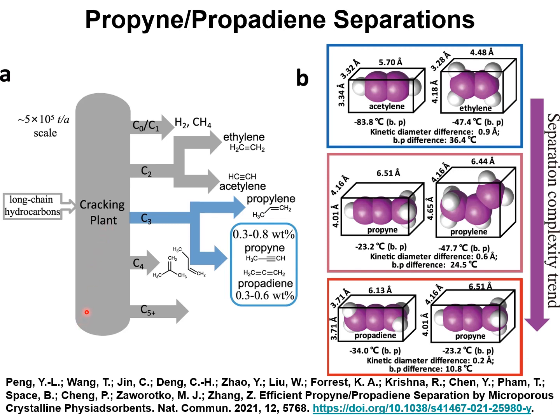The separation of propyne from mixtures with propadiene is difficult because of small differences in boiling points, of the order of 10.8 Kelvin, and small differences in molecular sizes.